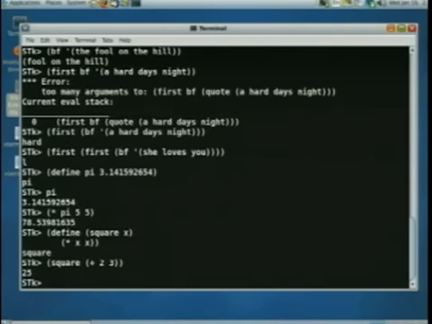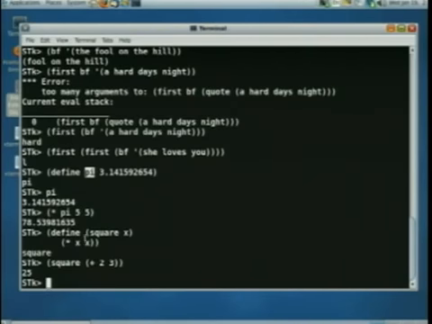There are a few exceptions. One of the exceptions is define itself. Because when I say define pi, at the time I say this, pi has no value. So if this used the ordinary procedure calling rule of first evaluate the argument expressions and then call the function, we get an error on this call to define, unbound variable pi.